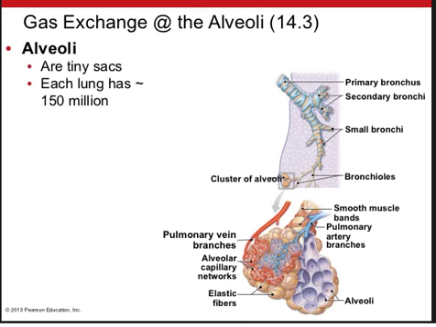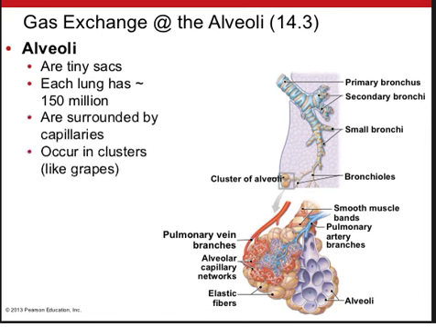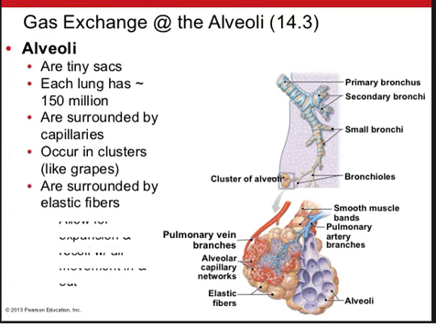That eases the movement of oxygen from the air that you inhale into the blood, as well as the movement of carbon dioxide out of the blood and into the exhaled air. Each lung has about 150 million alveoli surrounded by capillary beds that look like clusters of grapes and are surrounded by elastic fibers that allow for expansion and recoil as the air moves in and out of this delicate tissue.